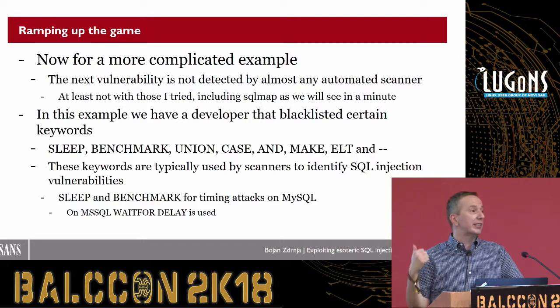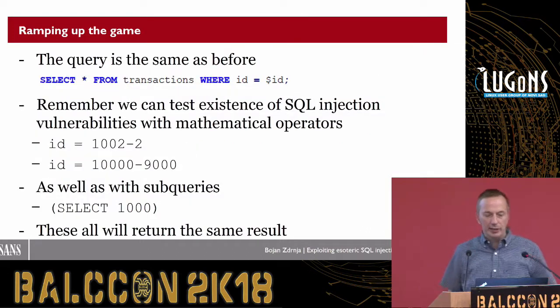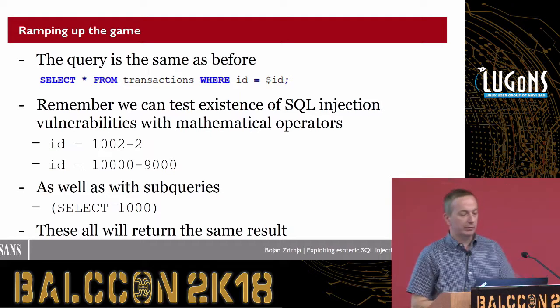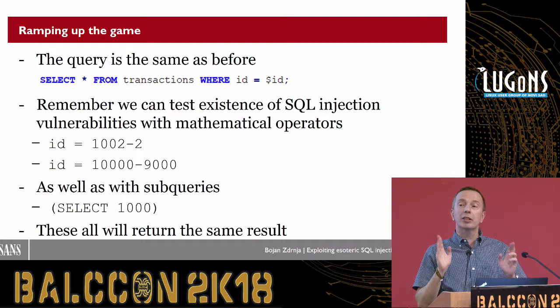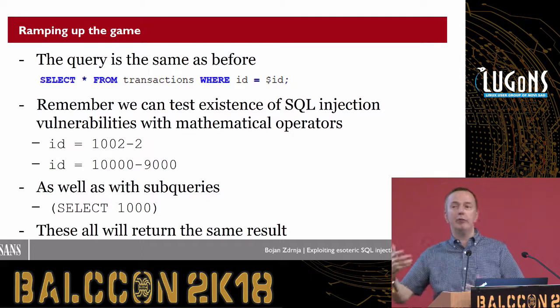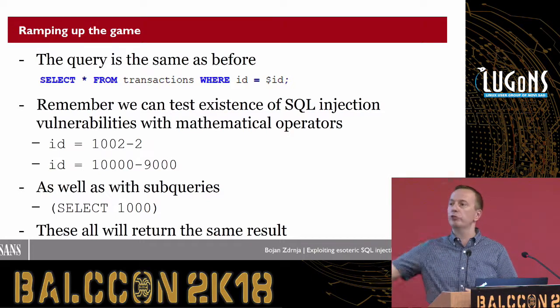So you will see that even SQL map, which is really the best SQL exploitation tool there is, will fail in finding certain vulnerabilities. So let's see again what we can do here. This is our example, a very simple example, same query as before, but we are blacklisting certain keywords. If we find sleep in the query, we drop it.